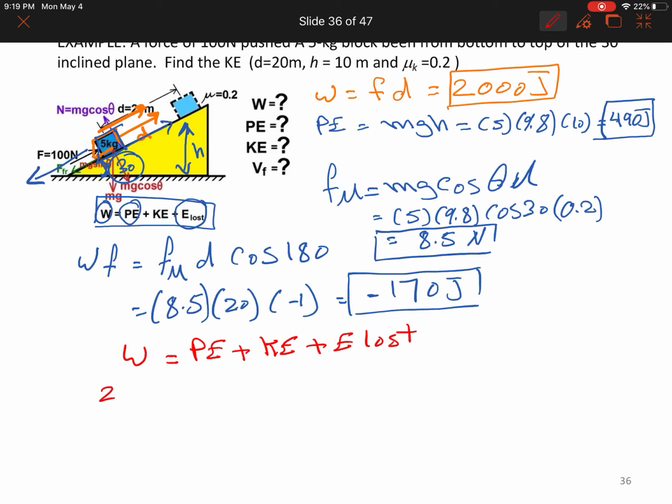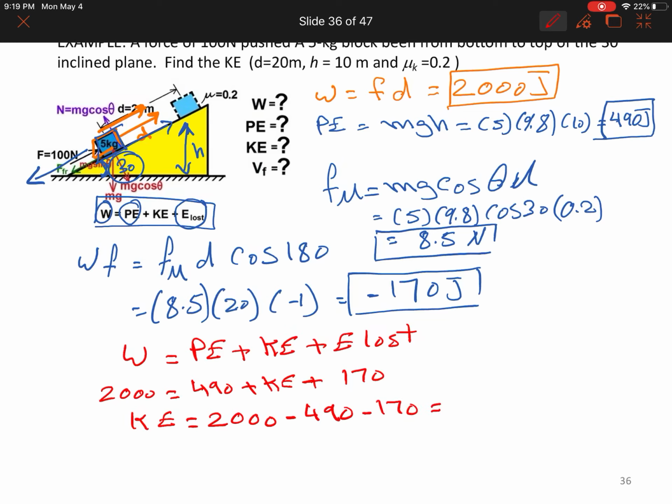We already defined work as 2000 joules, potential energy as 490, plus energy lost, which is 170. In that case, kinetic energy will be equal to 2000 minus 490 minus 170, and this will end up being 1340 joules.